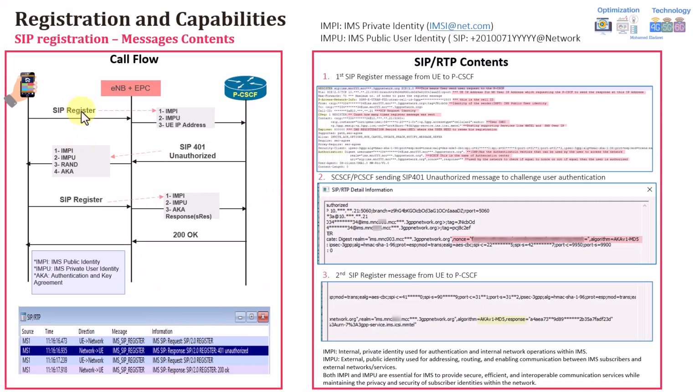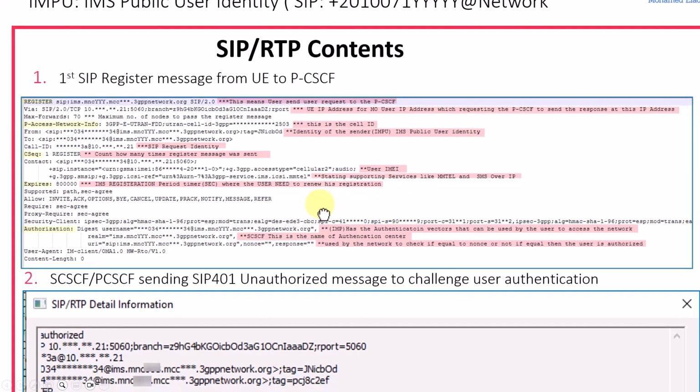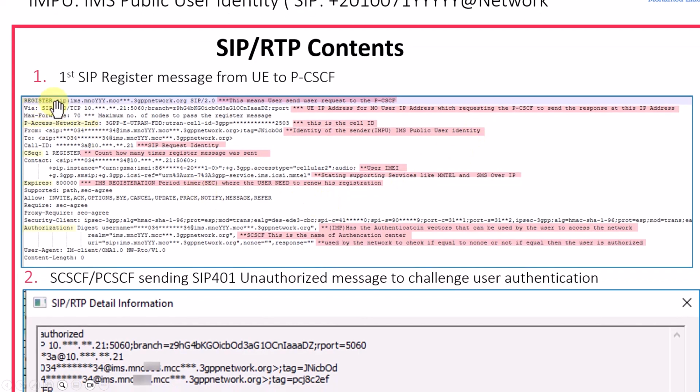So let's quickly explore what the IMS register information is. Let's zoom in here. If you zoom into this part, you will find that the first SIP register contains this register message, which means this user is telling the network that I'm trying to register to the SCSCF, so it's sending this request to the P-CSCF.